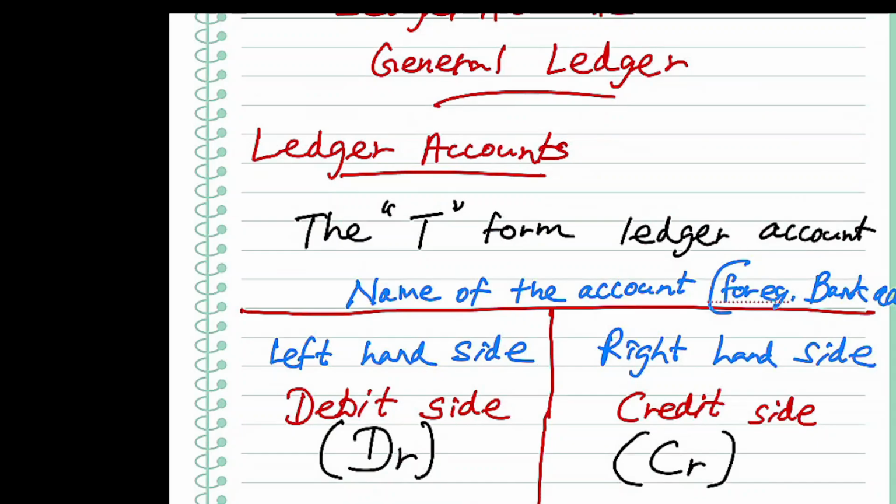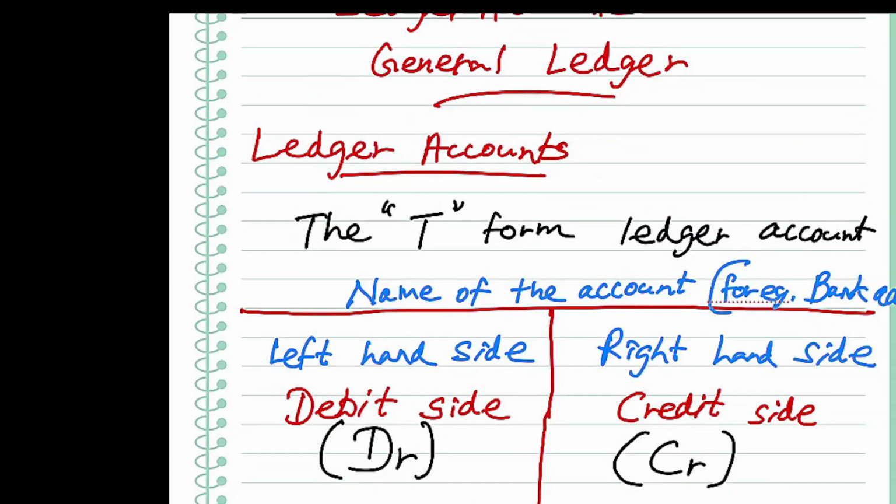Because whatever items can be seen in the cash flow are again on the balance sheet and income statement, so we don't have to worry about the cash flow. Then a ledger account has two sides, left hand side and the right hand side.